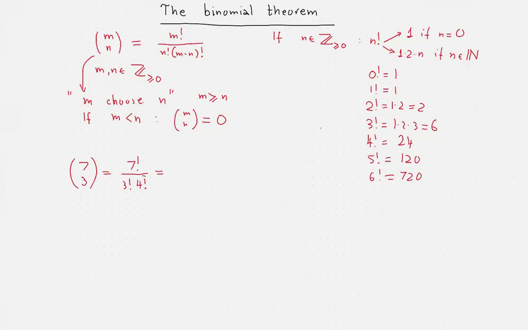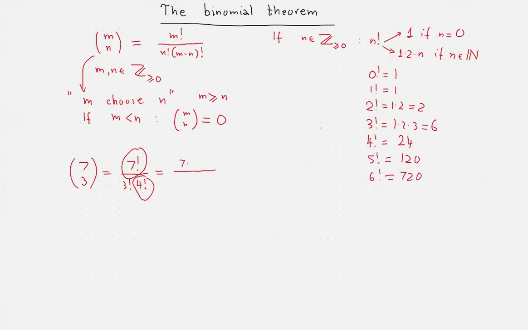So 4 factorial is the product of all numbers up to 4. So when you cancel these with their counterparts in 7 factorial, we're going to find simply 7 times 6 times 5.